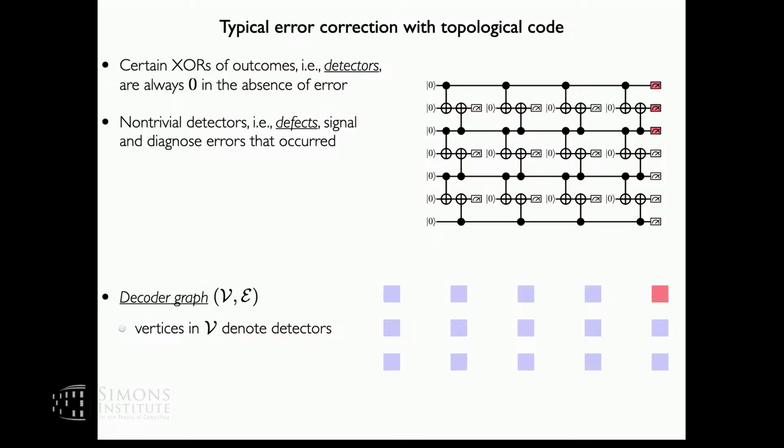This means that something is wrong, and I need to figure out why and where. An example is an X error before this measurement; it will flip the result. If there's no error elsewhere, this is 0, and this is 1, this is 0, and this will cause 2 defects in the decoder graph. So if you match them, you can see, oh, here's an error.